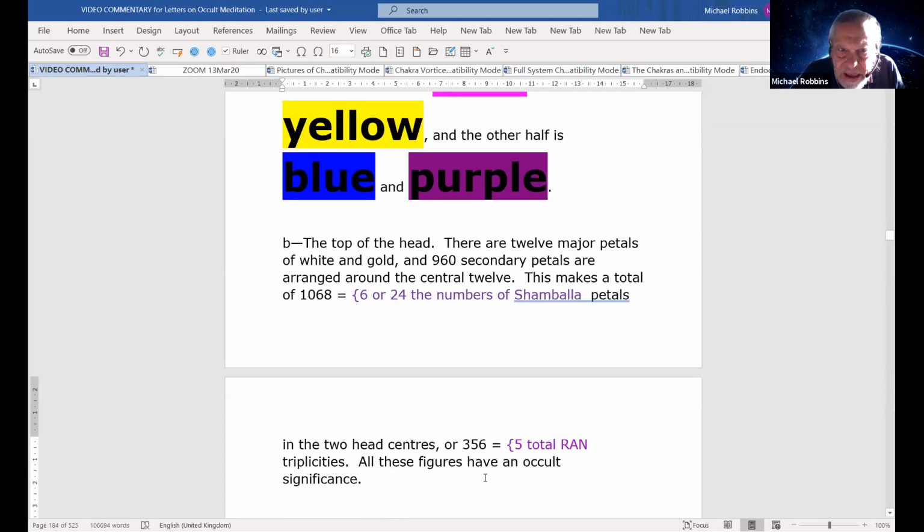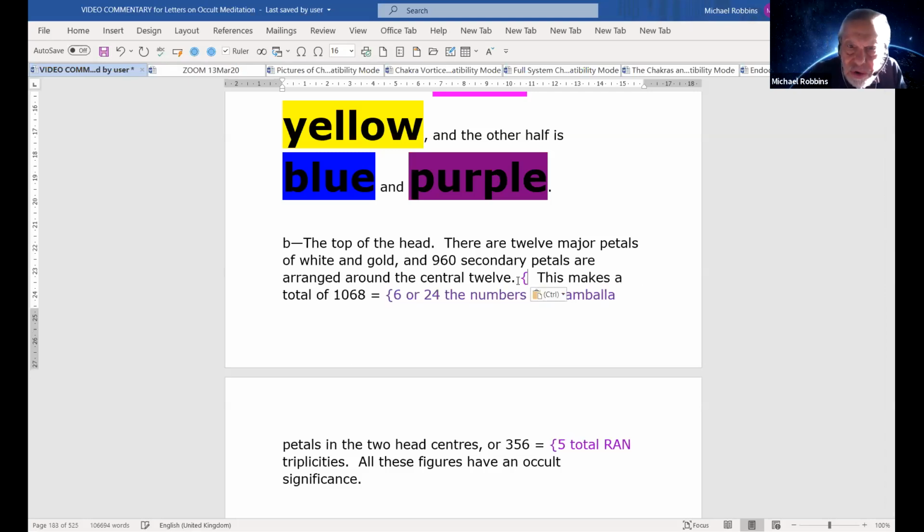So all of them have an occult significance. Okay, well, I can certainly see that with 960 plus 12, we have 972.